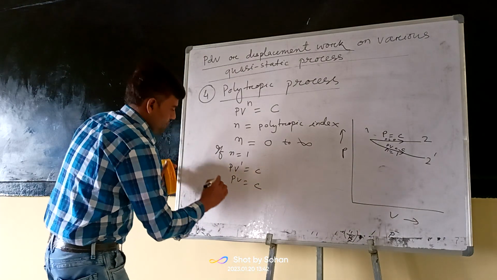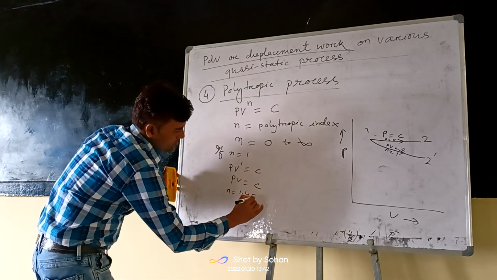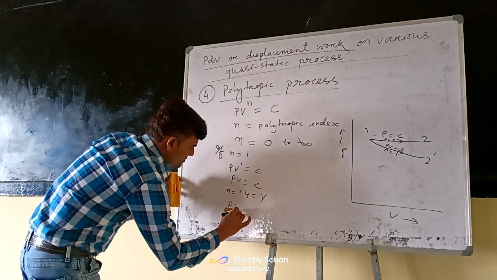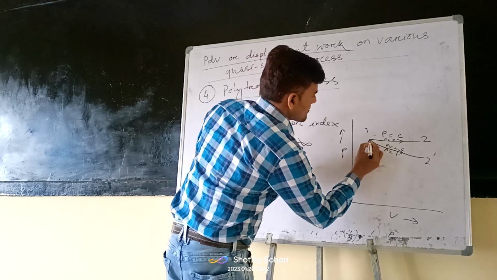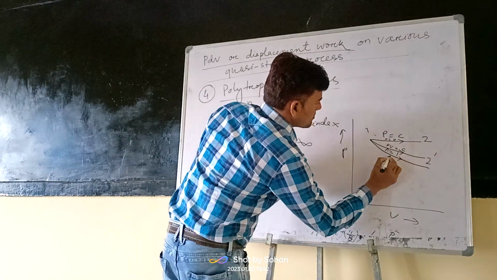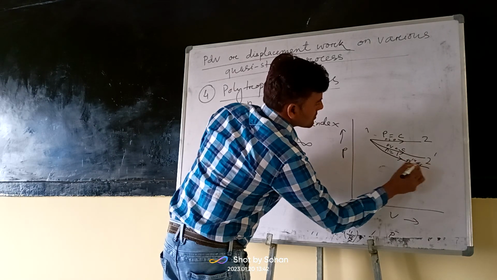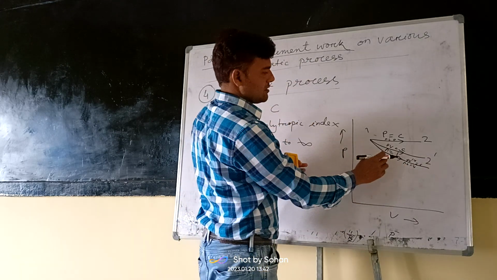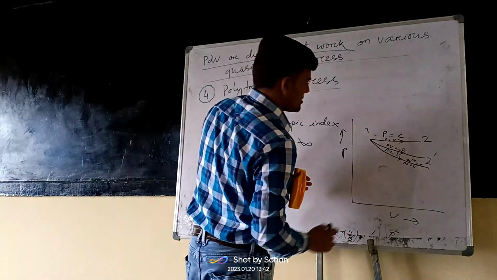And if n equal to 1.4, equal to gamma, the equation is PV to the power 1.4 equal to constant. This is a reversible adiabatic process or isentropic process.